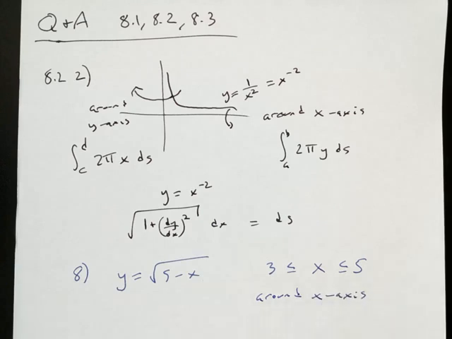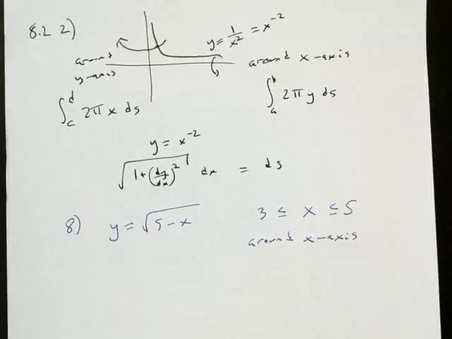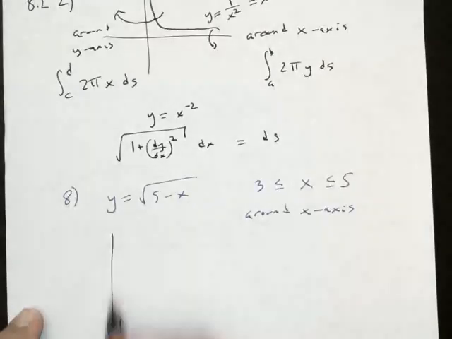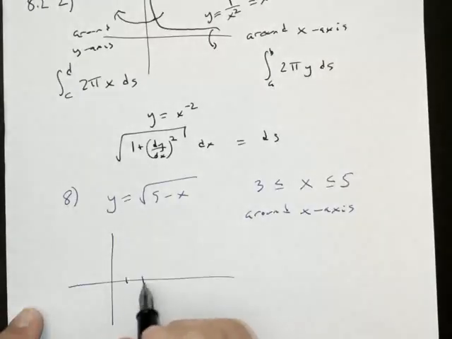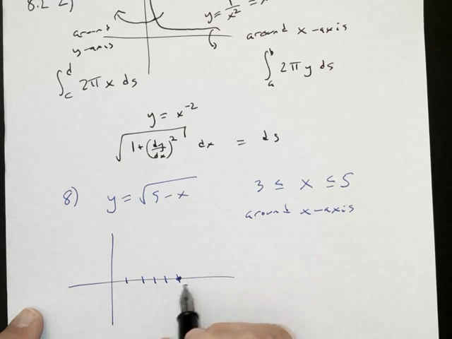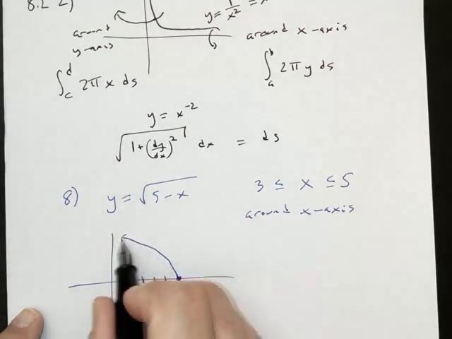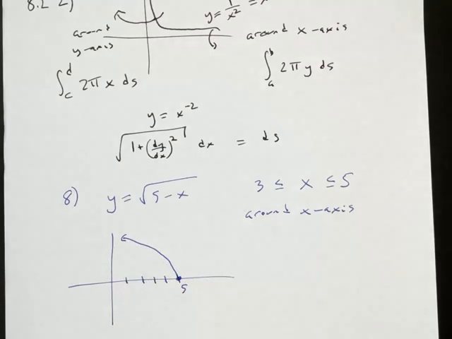If we're going around the x-axis, okay, Nora, here's why. I'm going to use the vertical rotation. The radius of that circle is a vertical segment. But because I'm that sort of person, the graph of this is a backwards parabola. It's a square root.